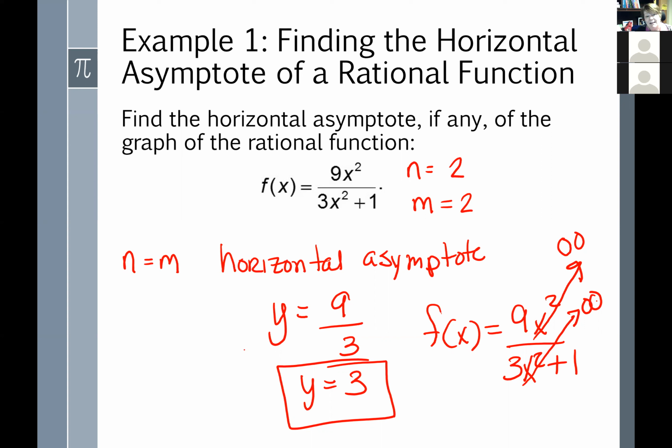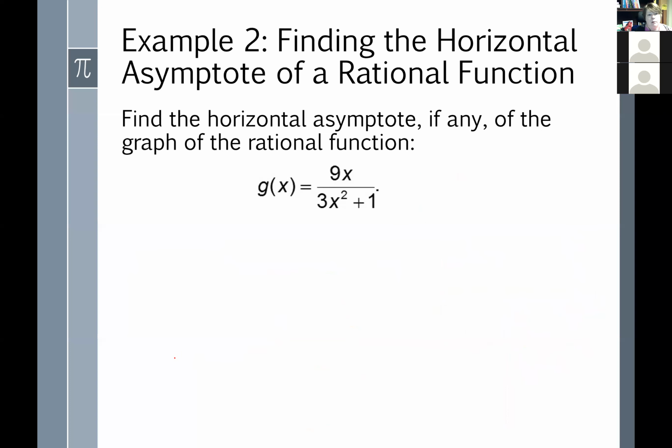So as x gets infinitely big, y approaches the value of 3. And I covered up the graph with writing, but you can see as x goes towards infinity in the positive direction, this function is approaching the value of y equals 3.